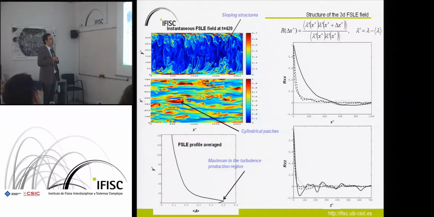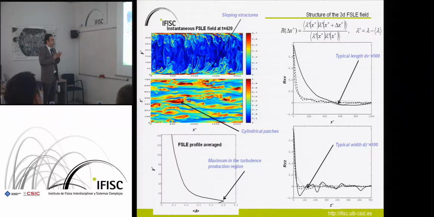From the longitudinal autocorrelations, we found that these structures have a typical length of about 500 adimensional length units. And the cross-channel correlation gives us a typical width of the structures of about 100 adimensional length units.